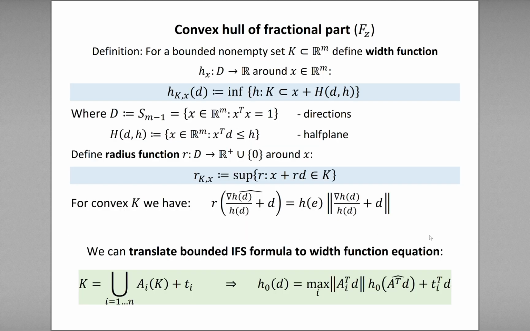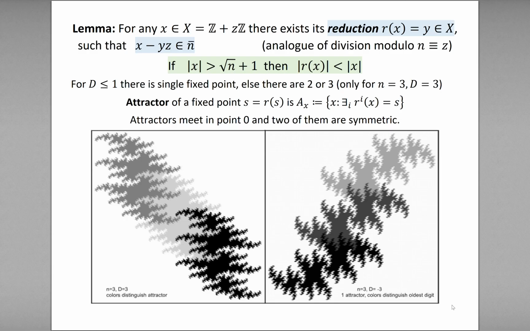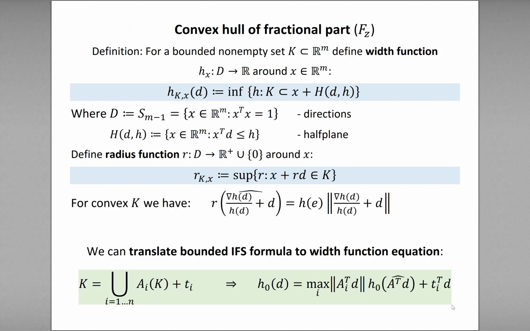Okay, so the following part is the convex hull of this kind of fractal. The details are in the paper, but generally these are some ideas how we can use the self-similarity relation to get a self-similarity relation for some functions describing some properties of a given fractal.